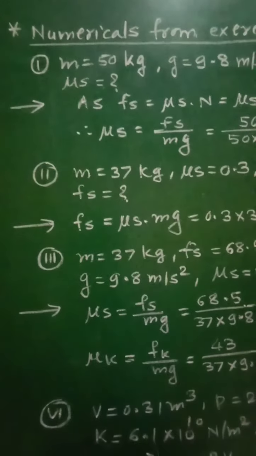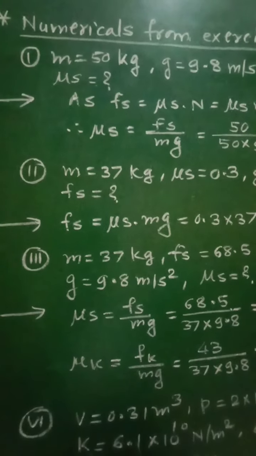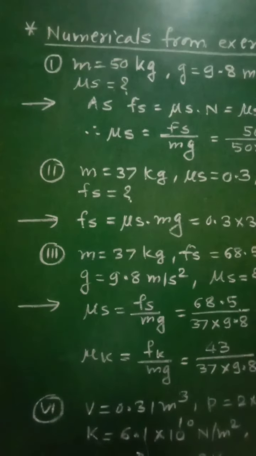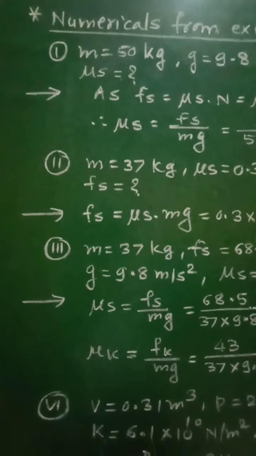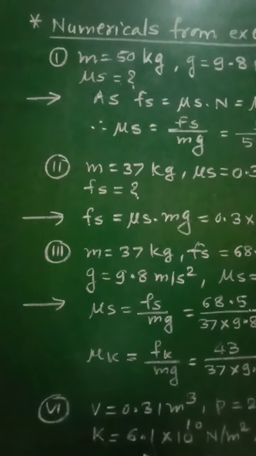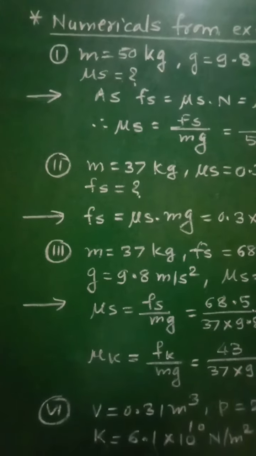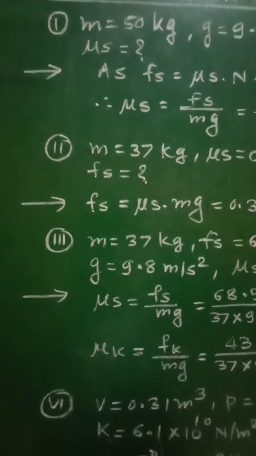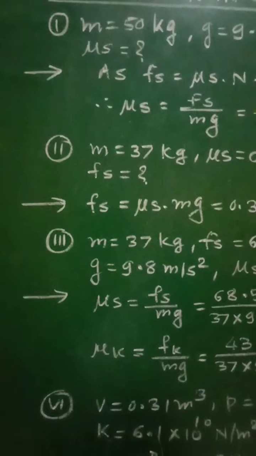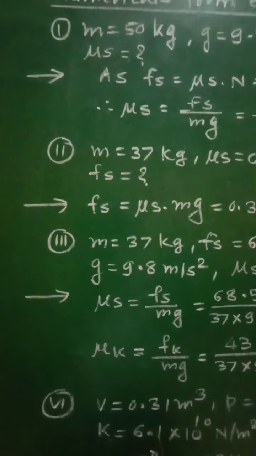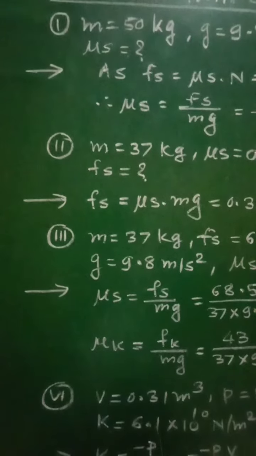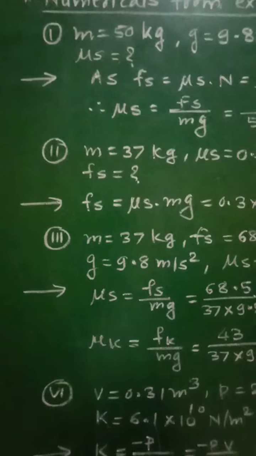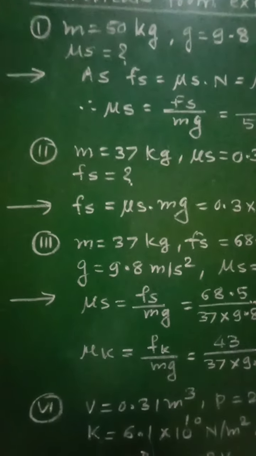Then we will go for numerical number 3, which is stated as: a body of mass 37 kg rests on a rough horizontal surface. The minimum horizontal force required to just start the motion is 68.5 Newton. In order to keep the body moving with constant velocity, a force of 43 Newton is needed. Then what is the value of coefficient of static friction and coefficient of kinetic friction?